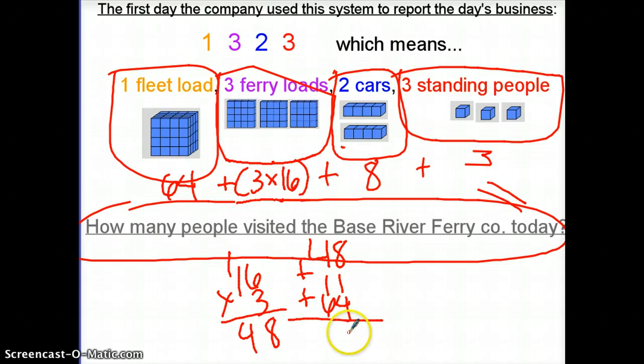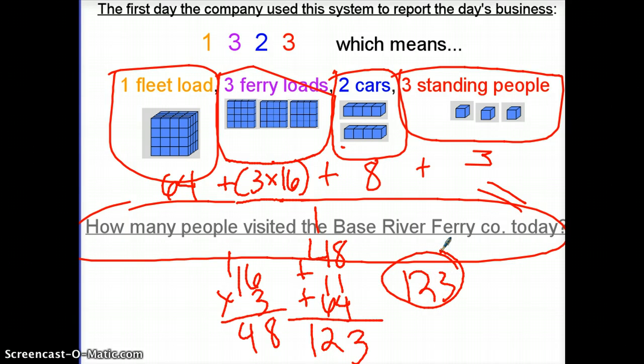So according to the Base River Ferry Company, 123 people visited that day and were escorted in 1 fleet load, 3 ferry loads, 2 cars, and then 3 people did not take any of those and were just standing up.